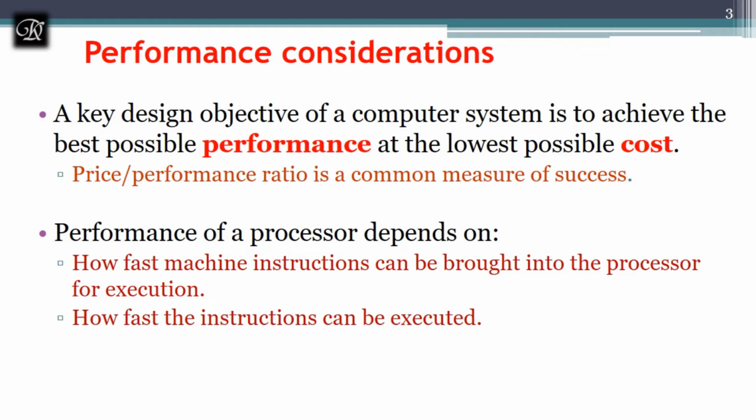The performance of a processor depends on how fast the machine can get the instructions, meaning how fast we can get the data from the hard disk, secondary memory, to the processor. Because the processor is already too fast, if you want to keep the processor as busy as possible, we need a technology which can bring the data from the slower memory to the fastest processor.